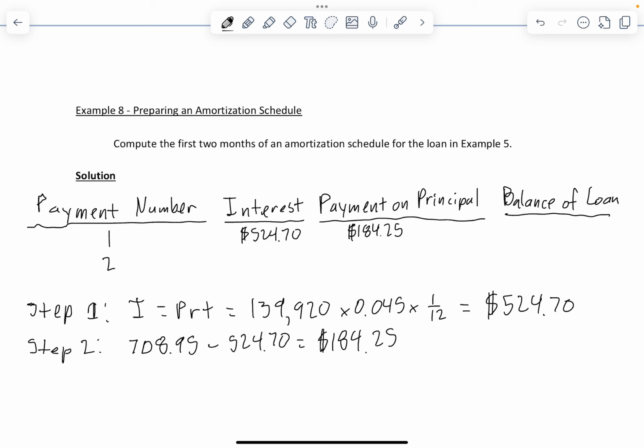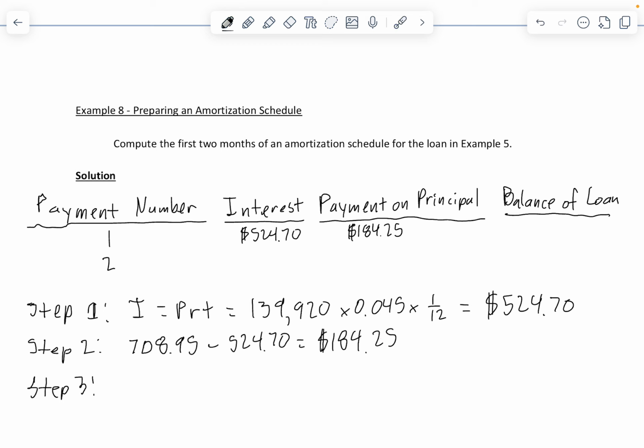Okay, and then step three, we want to find the balance of the loan, the number that goes right here. Okay. So that's going to be the principal, which is the $139,920 minus what we have paid on the principal, which is $184.25, right?